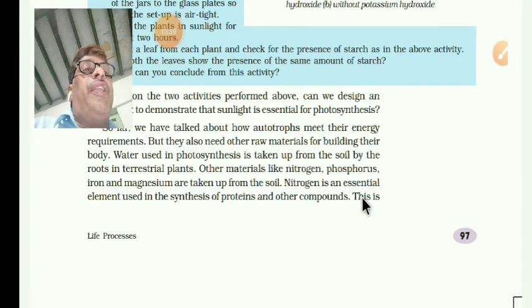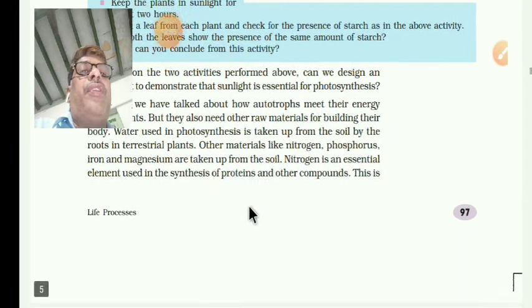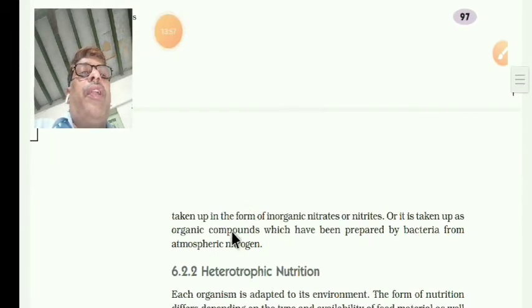Nitrogen is an essential element used in the synthesis of proteins and other compounds. It is taken up in the form of inorganic nitrates or nitrites.